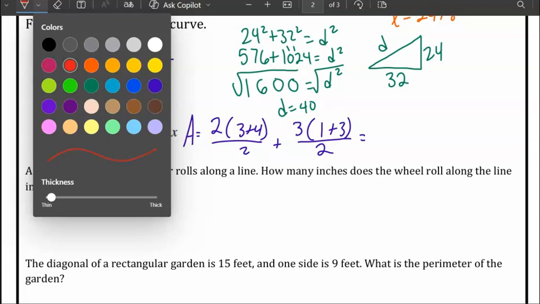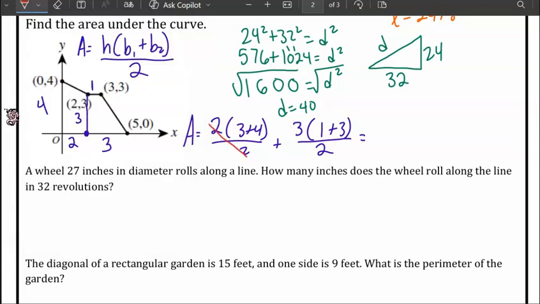Okay, so for these, the 2's cancel here, and this is 7. This is 4. 4 divided by 2 is 2. And then let's rewrite that. 7 plus 3 times 2 is 6. 13. 13 is the area under the curve.